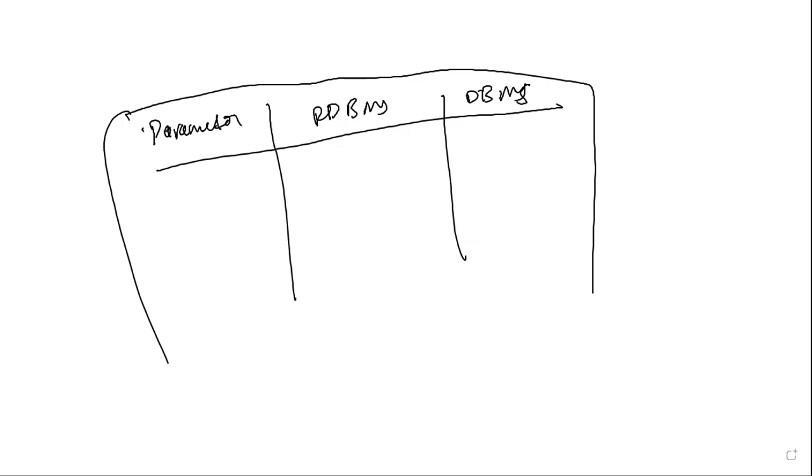RDBMS, data stored in tabular format. Done? Now let's come to the DBMS. Data stored in file system.